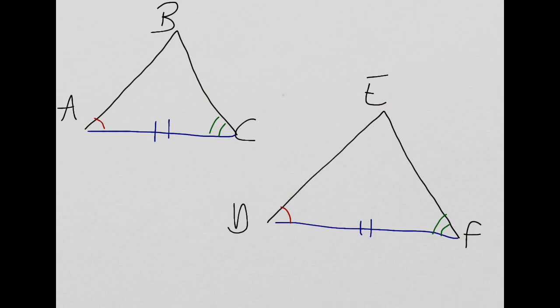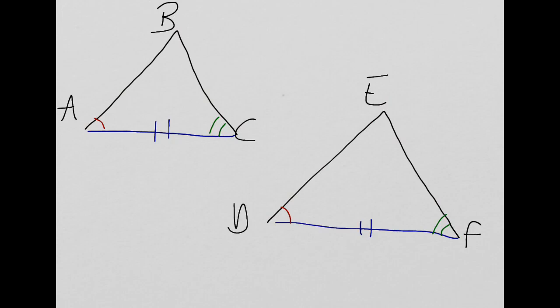Angle A is congruent to angle D, and angle C is congruent to angle F. So I have two pairs of congruent angles, and then I have their included side, the side between the two angles. AC is congruent to DF.